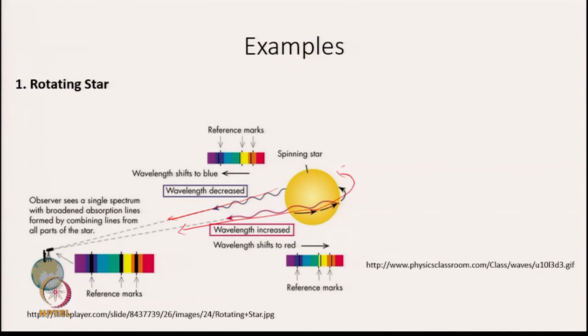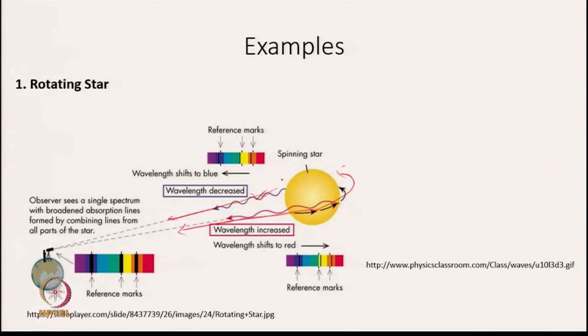Suppose there is a rotation from this side to this side. The light coming on this line is going away from the observer, which means it is red shifted. What about this ray? This is coming towards the observer, so it will be blue shifted.